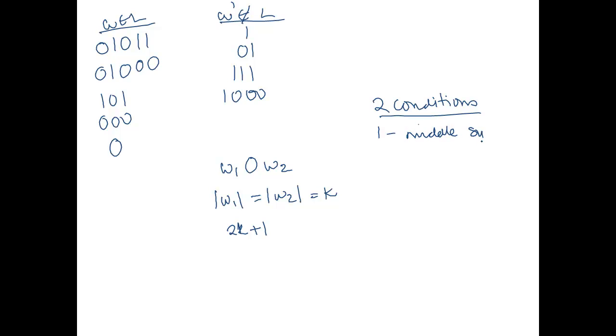Condition 1, middle symbol is 0. Condition 2, length of W1 is equal to length of W2, where W equals W1, 0, W2. Those are the two conditions we need to check.